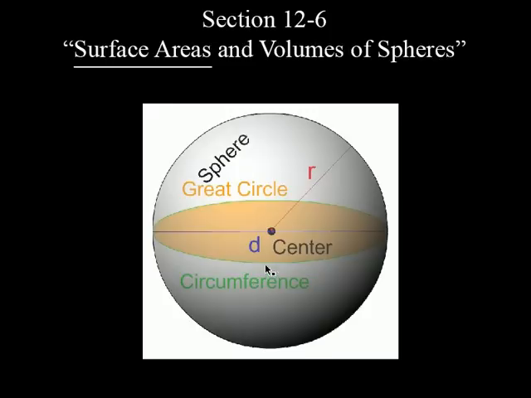It also has a circumference. It's the distance around the whole entire sphere. It kind of looks like an oval right here, but remember, this is a three-dimensional figure, so you have to kind of use your imagination a little bit when you draw it two-dimensionally like this. This is actually a circle. It's kind of like if you took a knife and you cut right through the center.